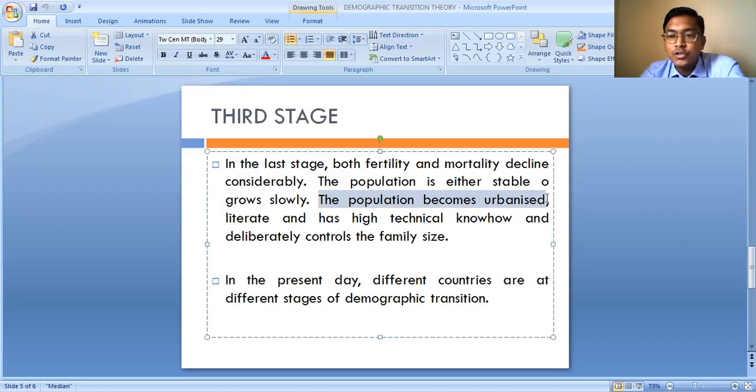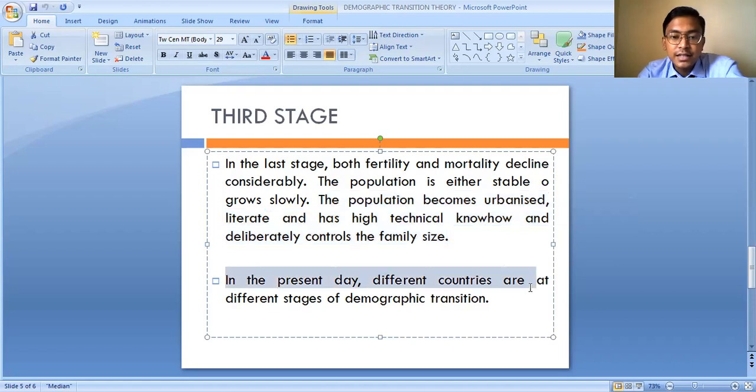That means a majority of the people start living in urban areas. They become literate, the education level increases, and there is high technical know-how. The technological level is highly developed, and the people adopt family planning measures. The size of the family is small.